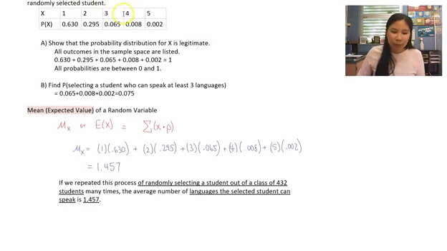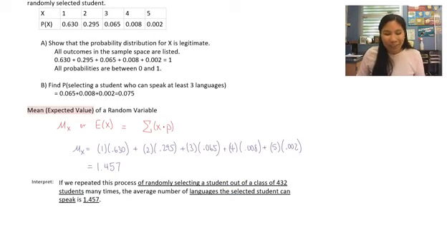If we repeated this process of randomly selecting a student out of a class of 432 students many times, the average number of languages that the selected student can speak is 1.457. Everything that's underlined right now is what you can fill in the blank with depending on the problem itself. But this is going to be your basic interpretation of the mean of a random variable.